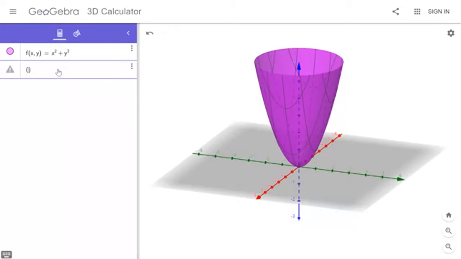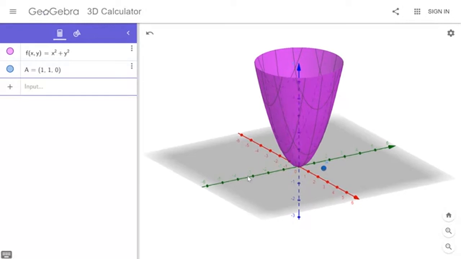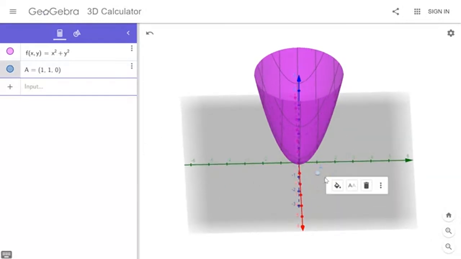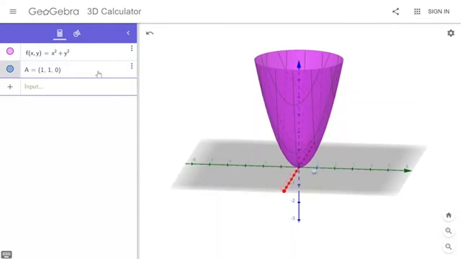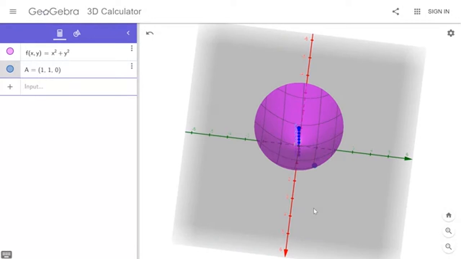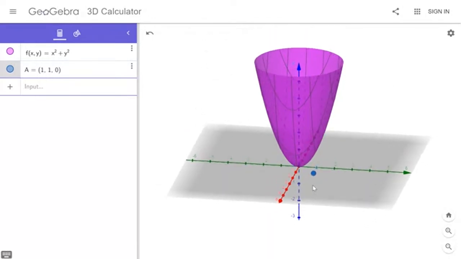So I'm going to plot a point (1, 1, 0). That is right there at A. Now, what does that tell us? The (1, 1) is the input for my function.